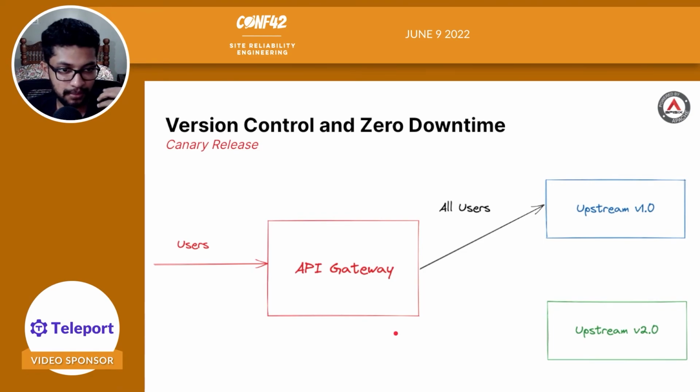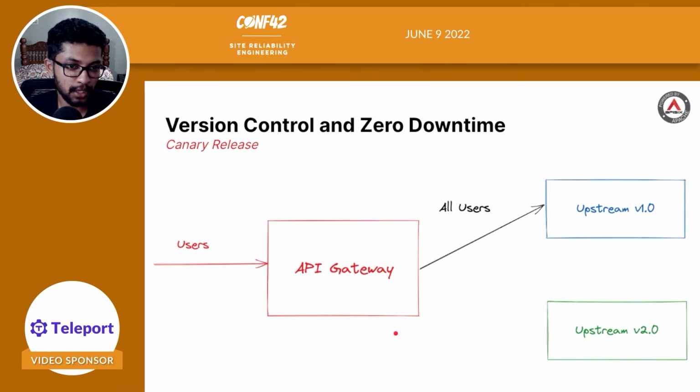So you have an upstream on version 1, and you are trying to introduce a new version 2, but you haven't tested it with production traffic before. You want to ensure that it works perfectly before you deploy it completely.